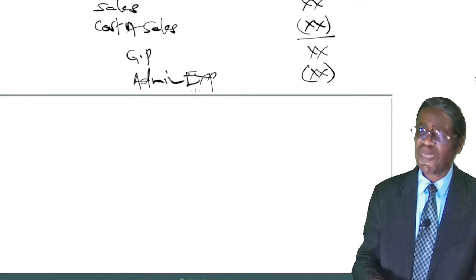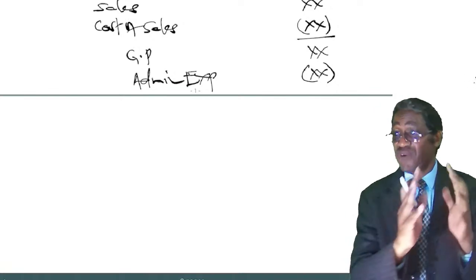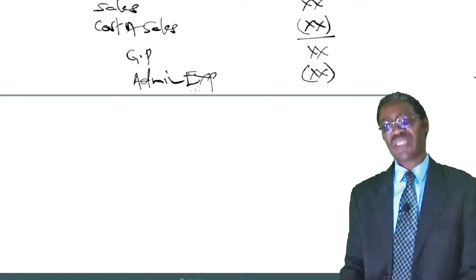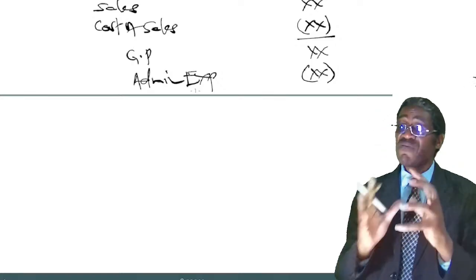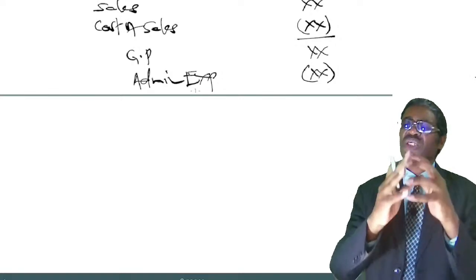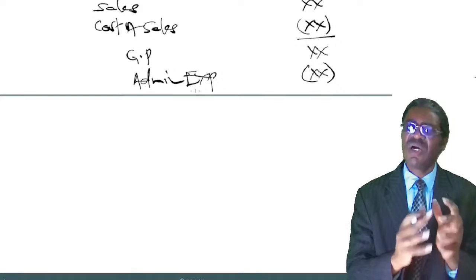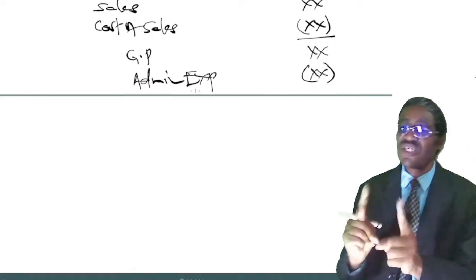Then the second function that may be performed in an organization is the selling and distribution function. Again, find out from the question which are these expenses that this company has incurred which are related to selling and distribution.